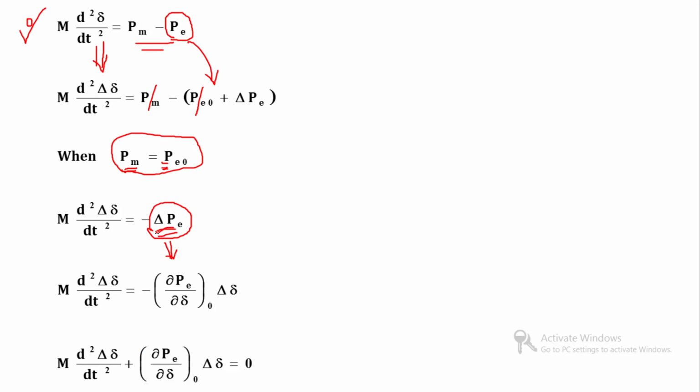So over here we can replace delta Pe with del P by del delta 0 times delta delta. This is the minus term, so we write it on the left hand side of the equal sign, so the minus becomes plus and the entire equation is equal to 0. So M d square delta delta by dt square plus del Pe by del delta 0 times delta delta is equal to 0.